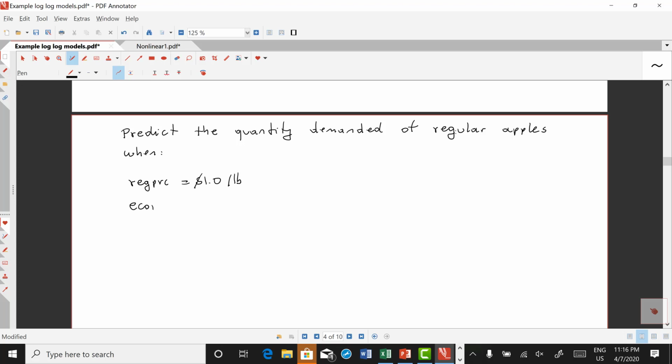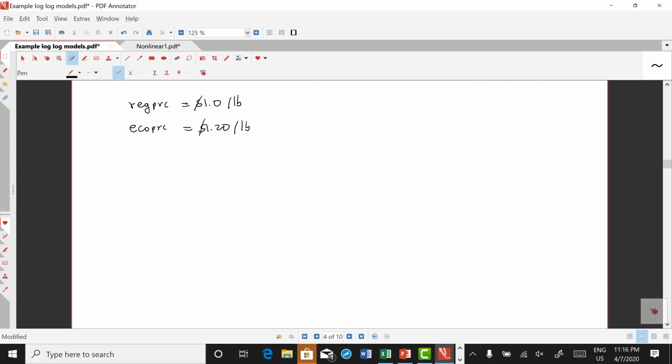The price of eco-label apples, let's assume that's $1.20 per pound, and let's assume for family income $50,000. And since we have it in thousands of dollars, we just need to write 50, and you have to be a little bit careful here when you are doing examples, because if the units are in thousands, for 50,000 you only need to write 50.